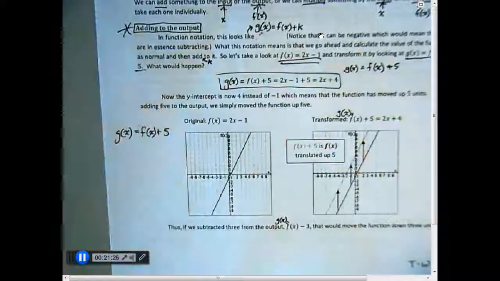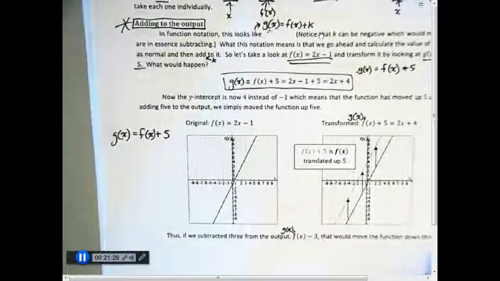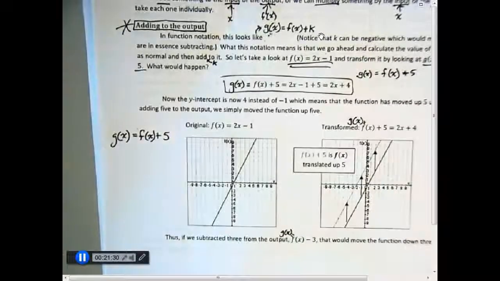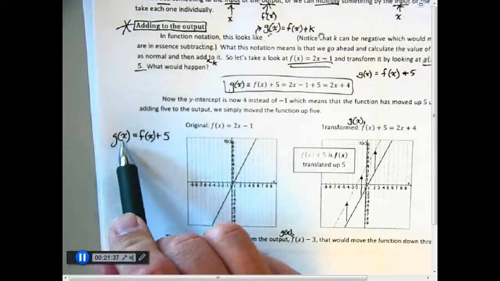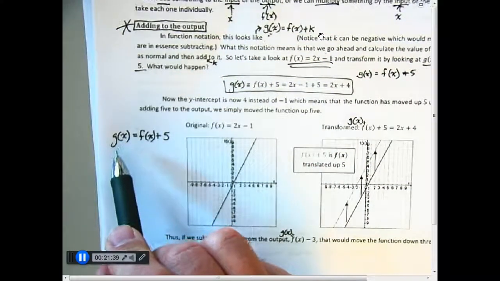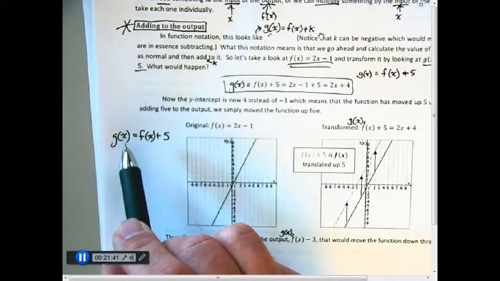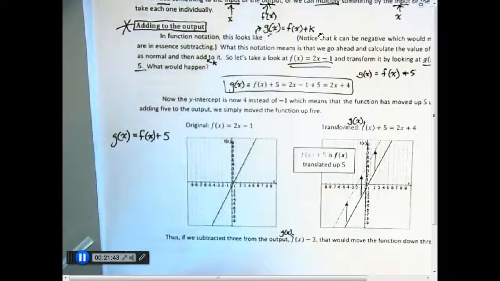You'll come to find out that this is the easiest of all the transformations. All right, so we're saying our new function g, which we stopped saying of x because we're lazy, so we just say g. G equals f plus 5. Okay? And f of x equals?